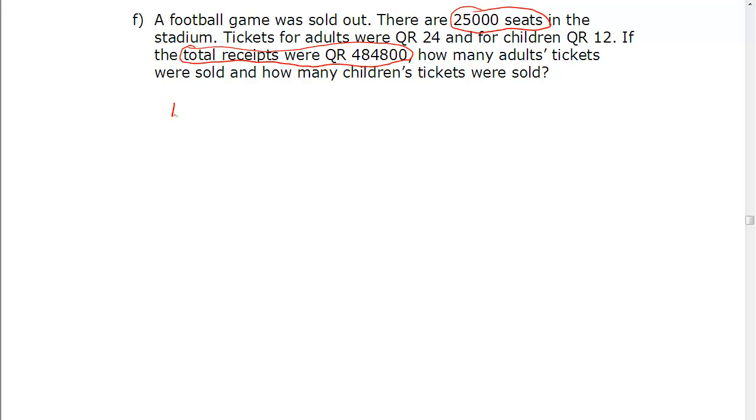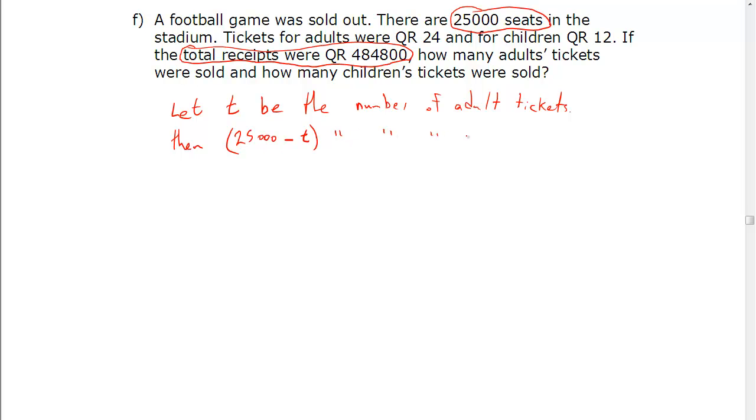So we'll start with let T be the number of adult tickets. Then 25,000 minus T, which is the number of tickets left, must be the number of children's tickets.